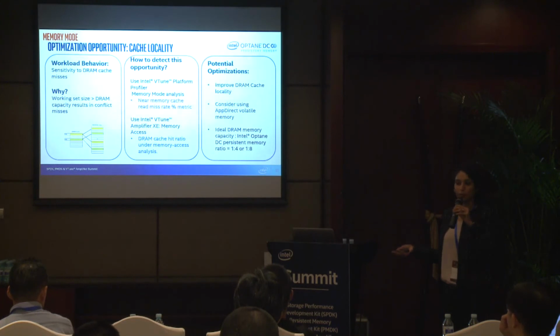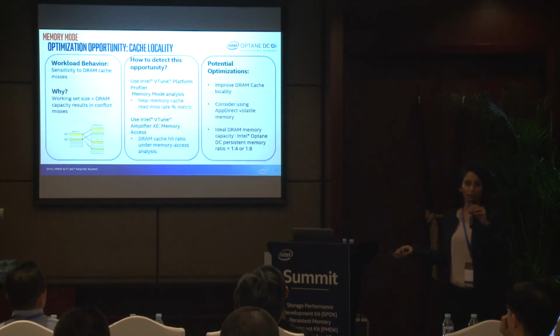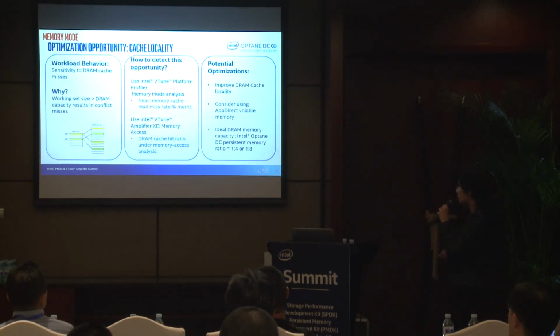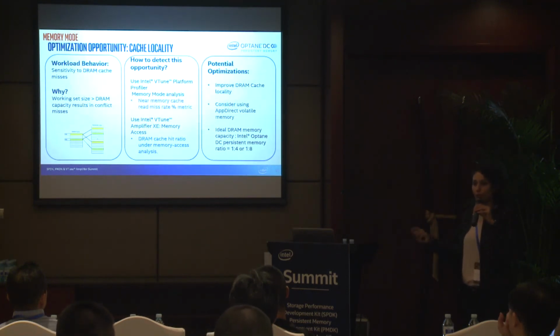Maybe that will help you. Because initially you were using the disk, and now you might want to use this, and it's going to get you better performance out of the box. The ideal DRAM to Intel Optane DC persistent memory capacity ratio is 1:4 or 1:8. 1:4 is obviously going to be better than 1:8, because that's going to mean fewer conflict misses.